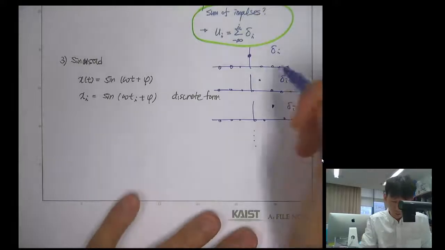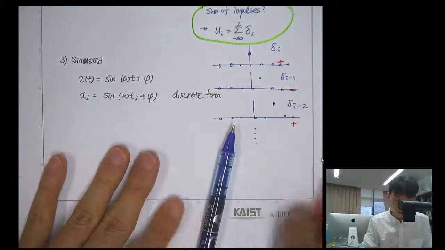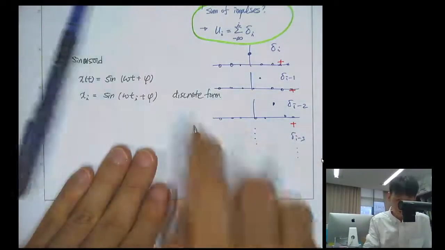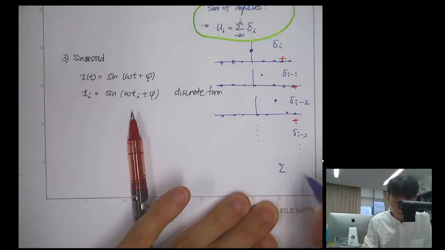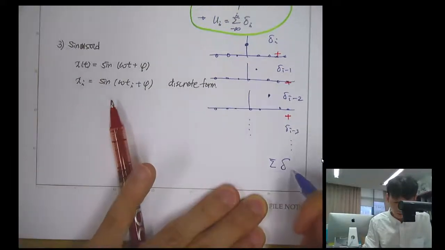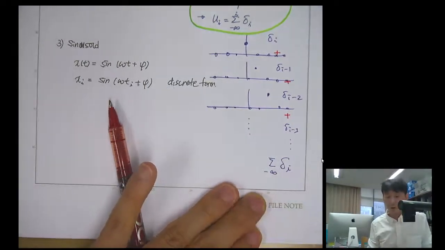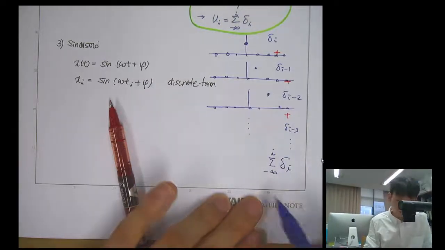So then if you synthesize all the things together, say i minus 3, right? Then it becomes the sum of delta[i] from negative infinity to i.